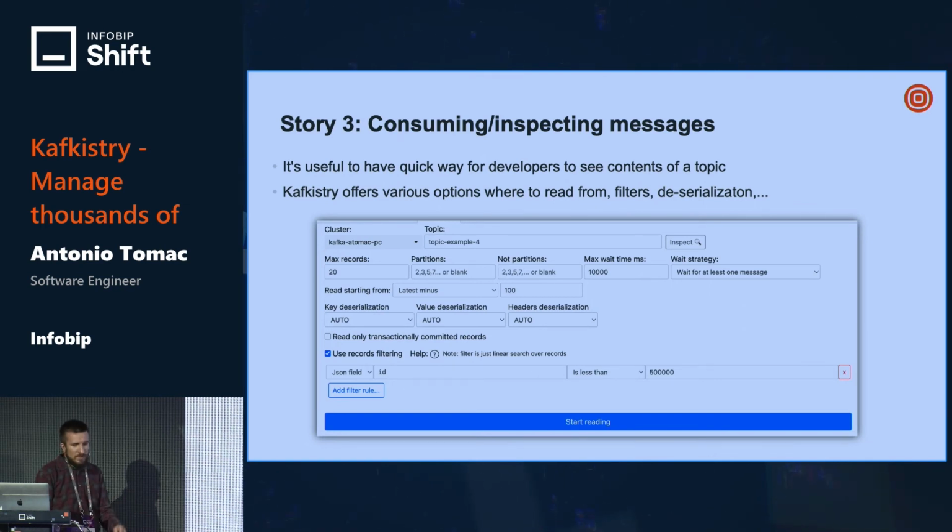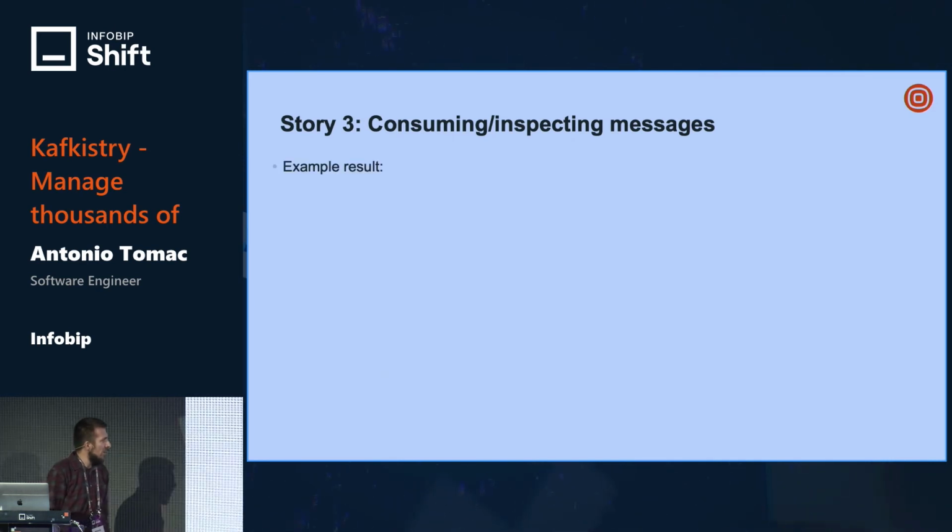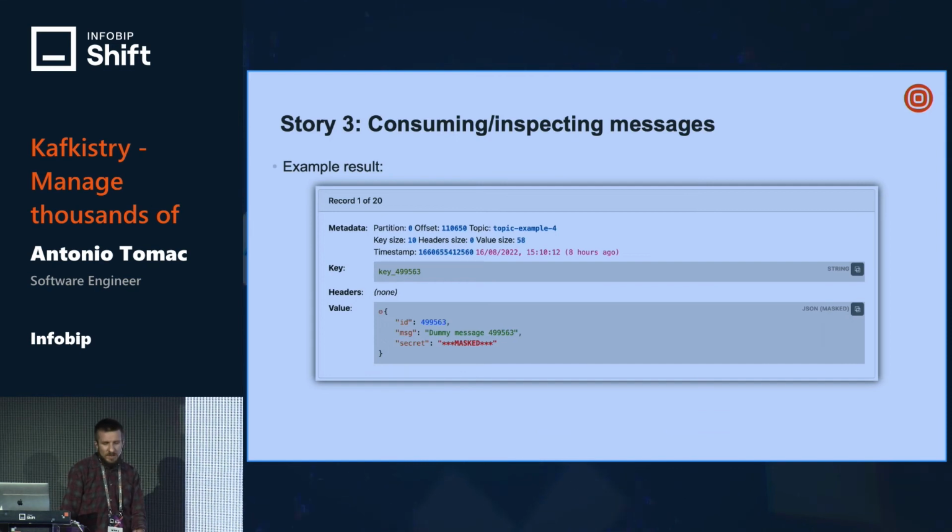You can pick which topic on which DC, your starting point of read, and you can also filter specific messages if they match some custom criteria that you want. And the end result is some sample of messages where it displays various metadata and pretty formats this, in this example, JSON message.